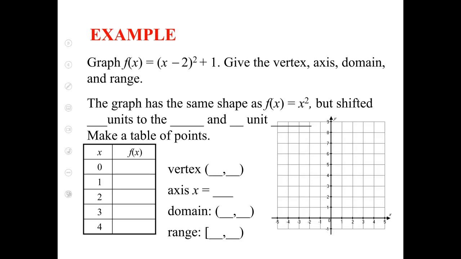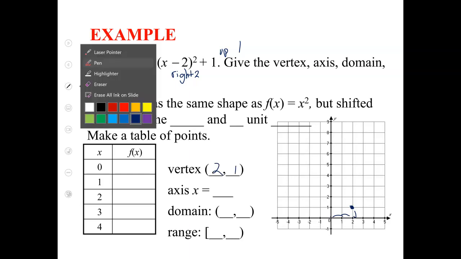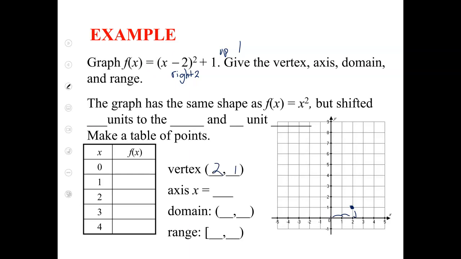So I've got right 2, up 1. So our parent function's vertex starts at 0, 0. If I'm going right 2, up 1, right 2, up 1, now where's my vertex at? 2, 1.